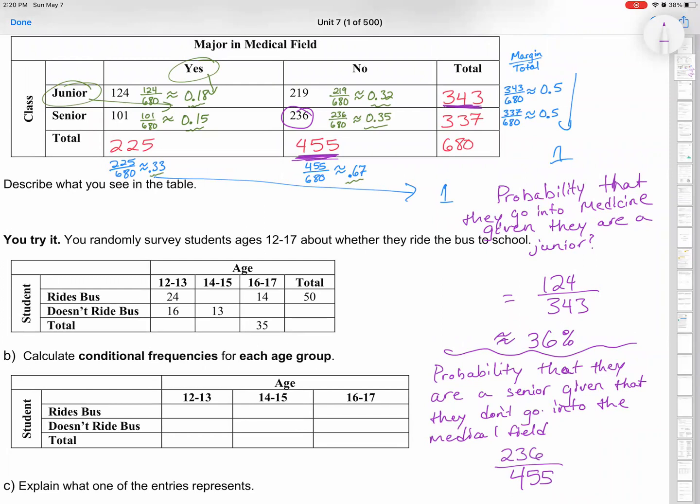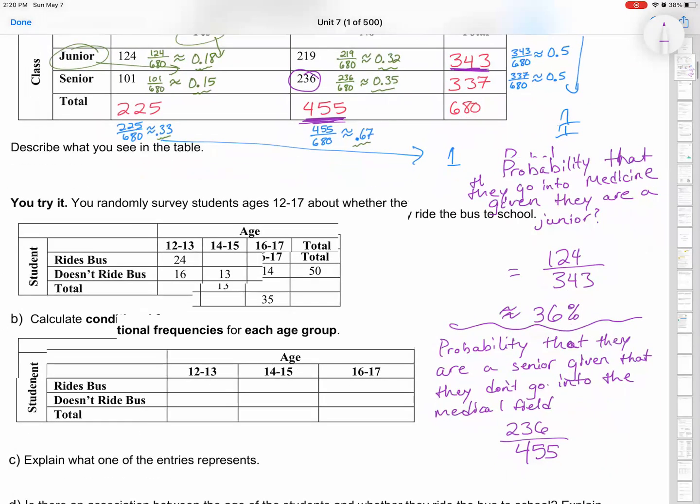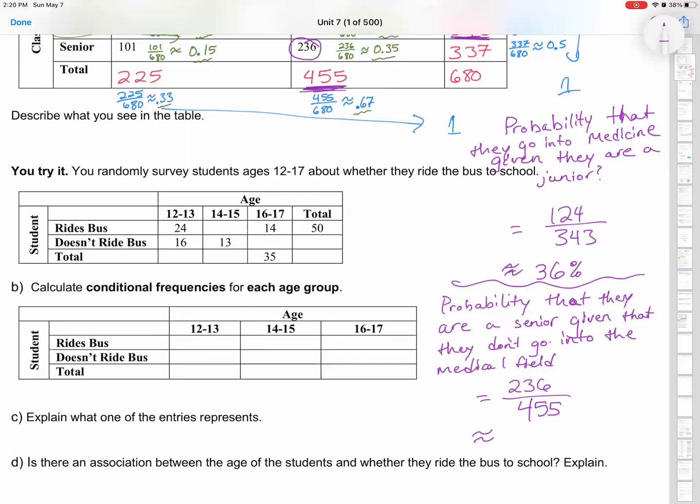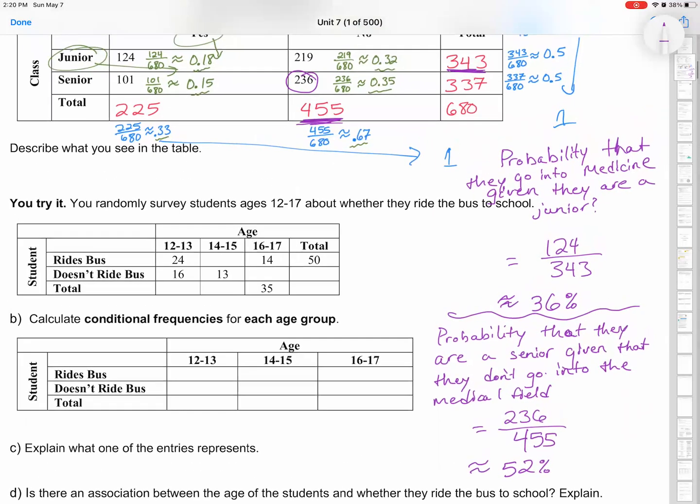And then as a result, we would then just divide those values. And so when we do that, we get about 52%. So given that they're not going in the medical field, we can find the probability that they are a senior, which is 52%.